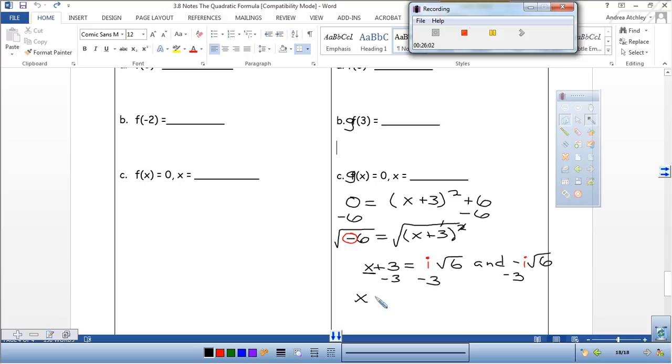And I'm going to get x equals negative 3 plus i square root 6, and then negative 3 minus i square root 6. So if I were to graph this, this parabola would never touch the x-axis because my answers are imaginary. Any questions over that?